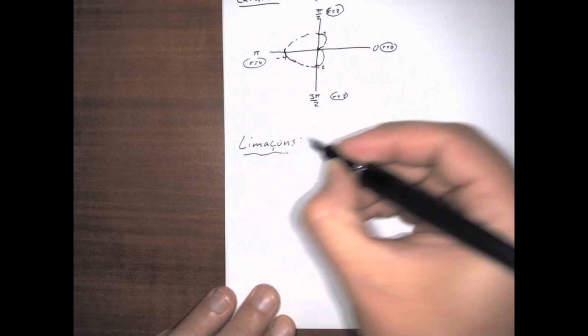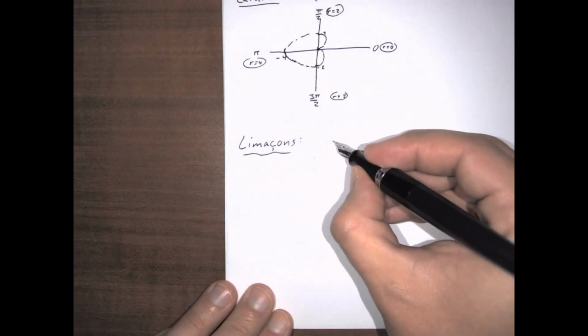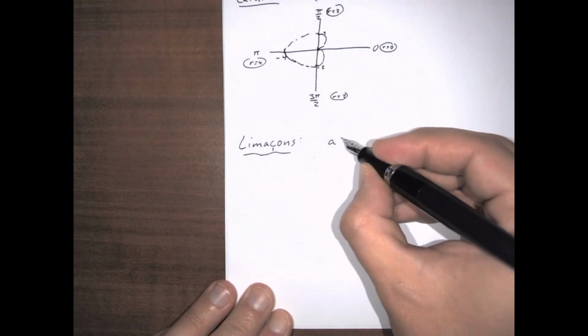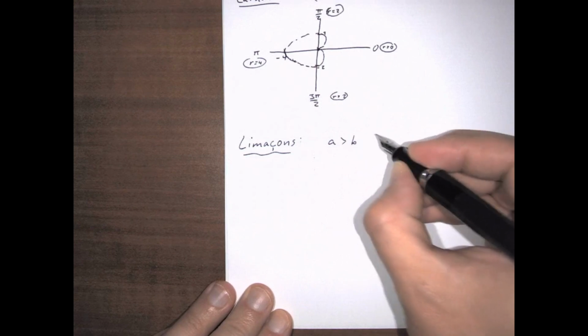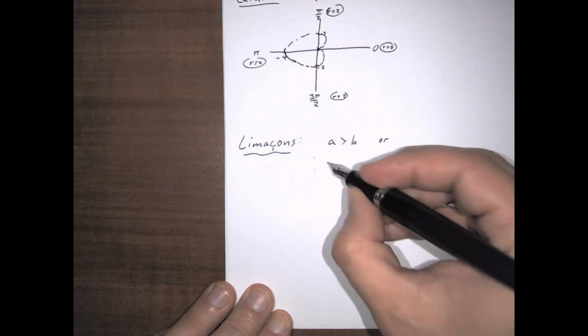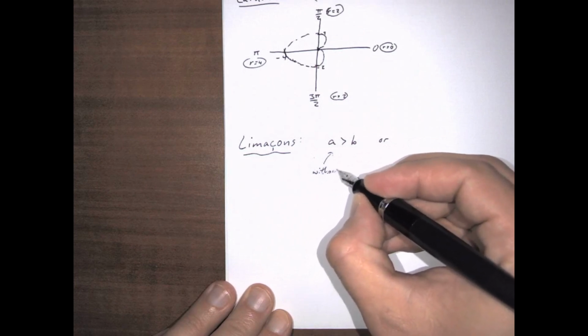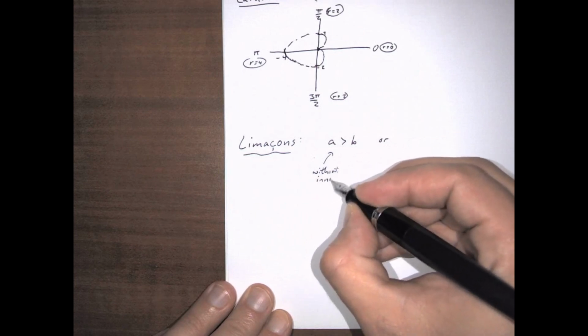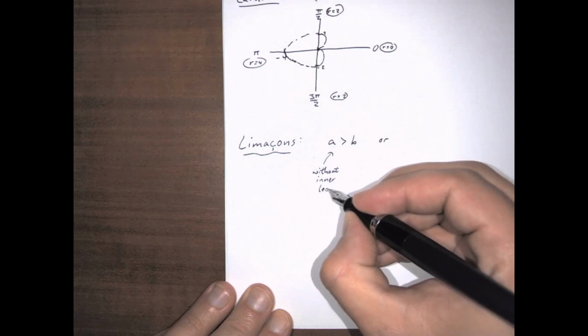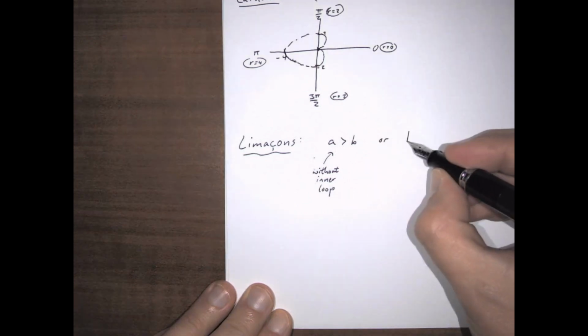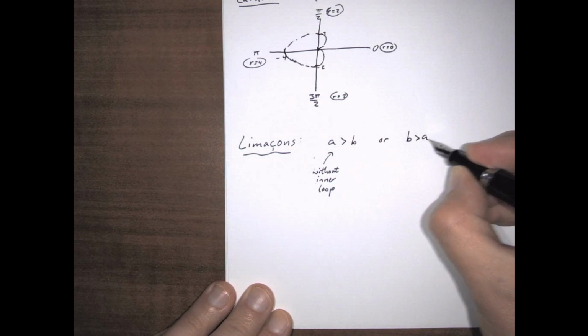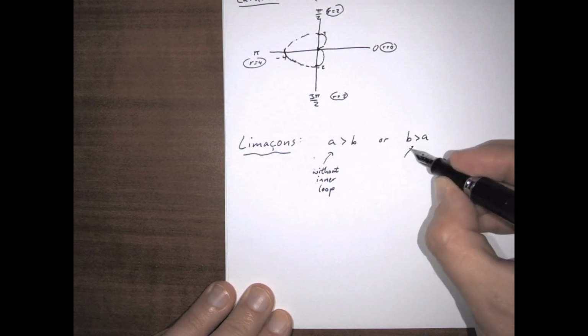Now, limaçons. This is what happens when we have a bigger than b, which makes it without inner loop, or b is bigger than a, and this means with inner loop.